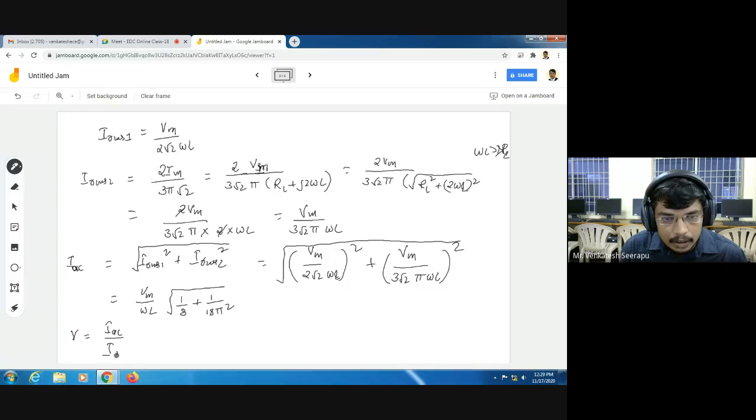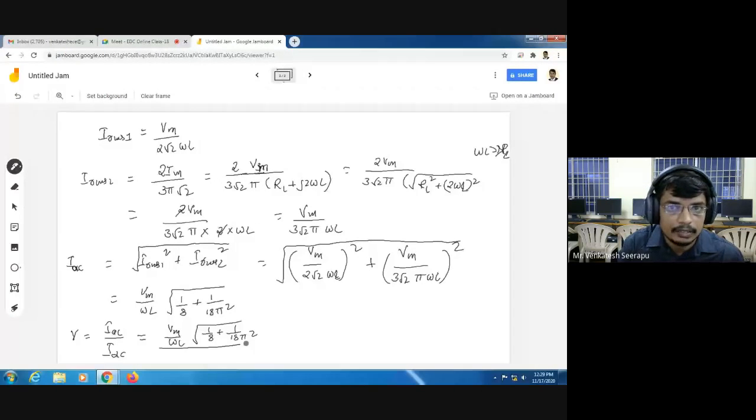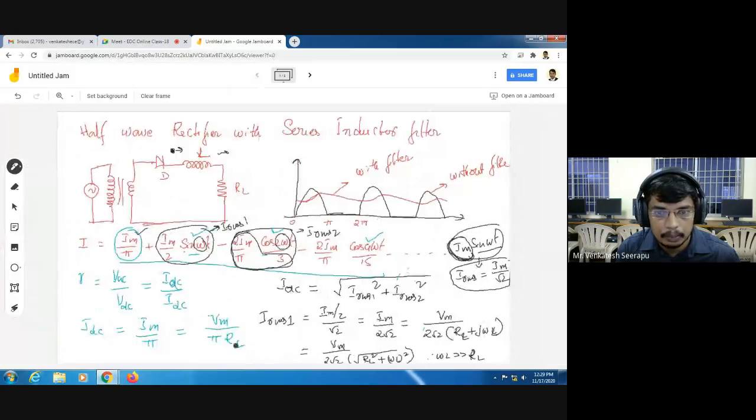Finally, we have to derive the ripple factor for all the filters. Ripple factor can be written as AC component by DC component. The AC component is Vm by omega L root over 1 by 8 plus 1 by 18 pi square, by our IDC value. What did we get for IDC? Vm by pi into RL.